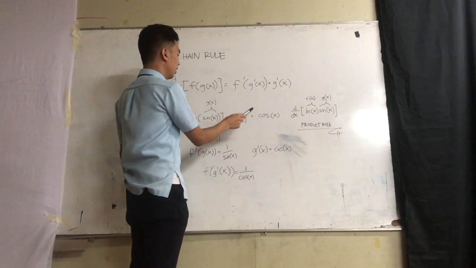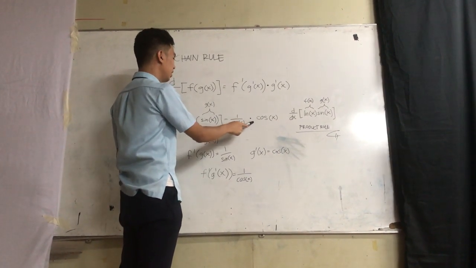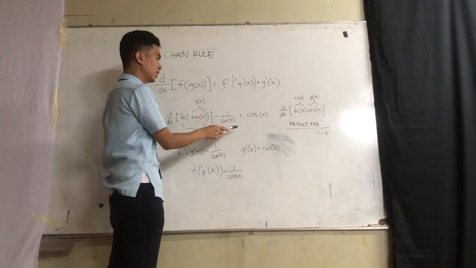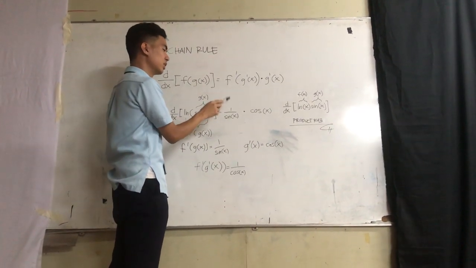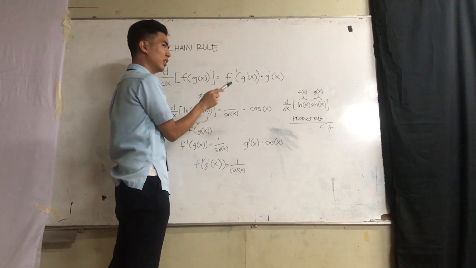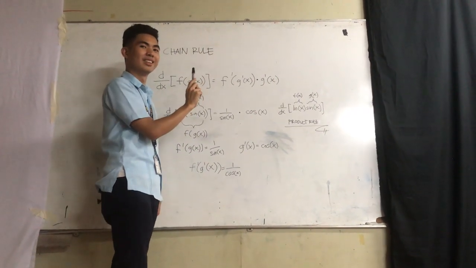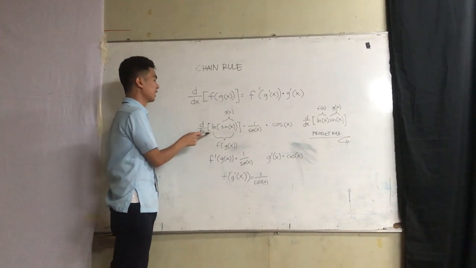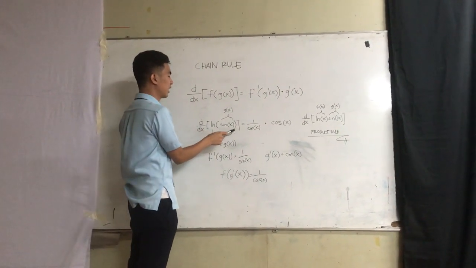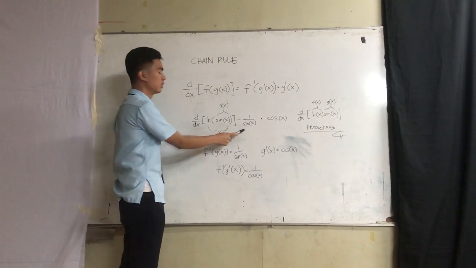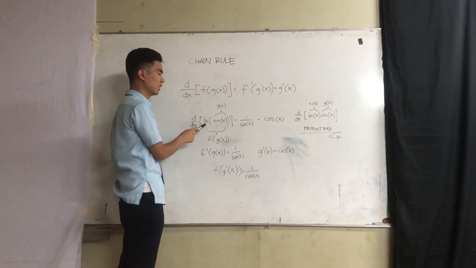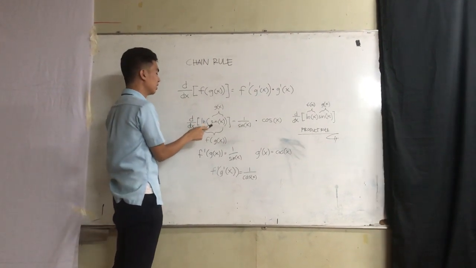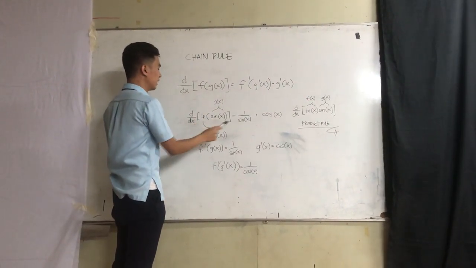And then the cos is the derivative of sine x. For example, in this problem, d over dx of ln sine of x is equal to 1 over sine x. The derivative of ln is 1 over its argument, the standard conversion of the ln.